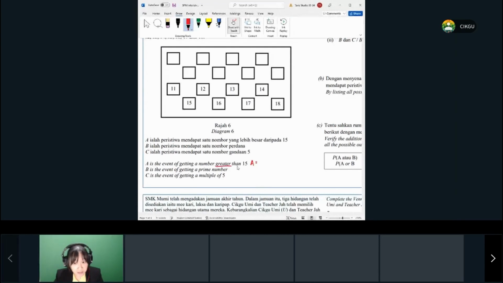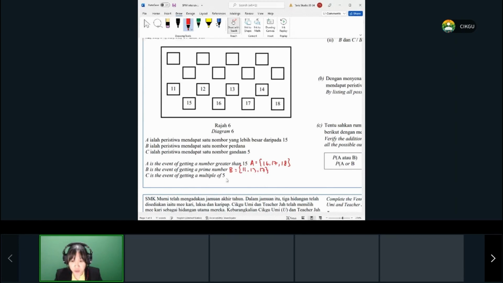Greater than 15 means it cannot be 15, because 15 is not greater than 15. So 16, 17, 18 are your only 3 choices for A. B is an event of getting a prime number. So list down all the prime numbers here: 11, 13, 17. That's it.